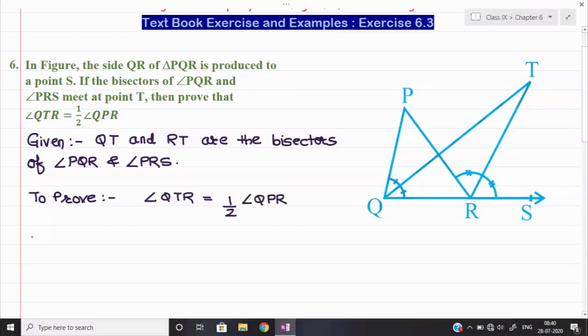Okay, now let us start the proof. First of all, to start the proof, I will give names to some of the angles. Then things will, I suppose, be easier for us. However, the final answer we shall bring as per the requirement. This is my angle number 1, angle number 2.